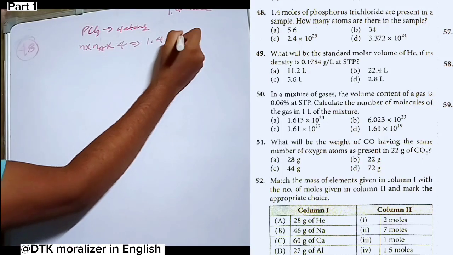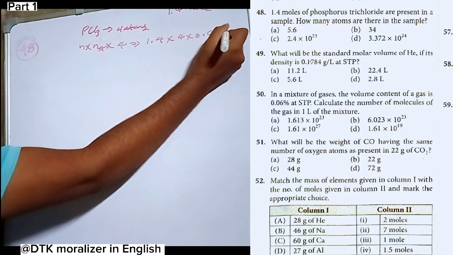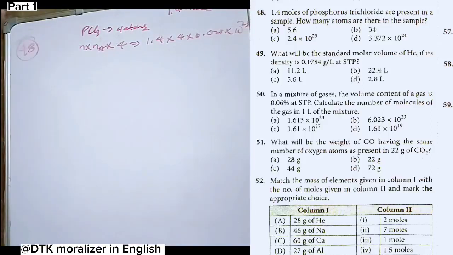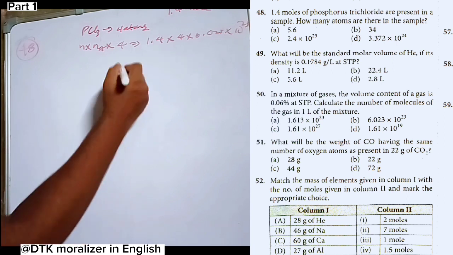Now question number 48. 1.4 moles of phosphorus trichloride are present in a sample. How many atoms are there in the sample? Here moles is given. In phosphorus trichloride, 4 atoms are present. So it is moles into Na into number of atoms, into 4.